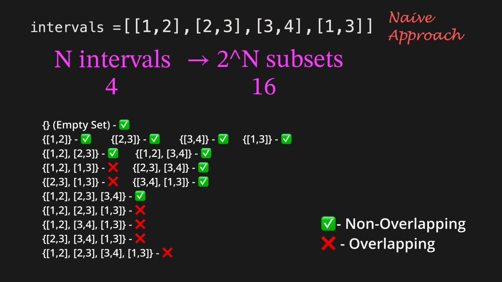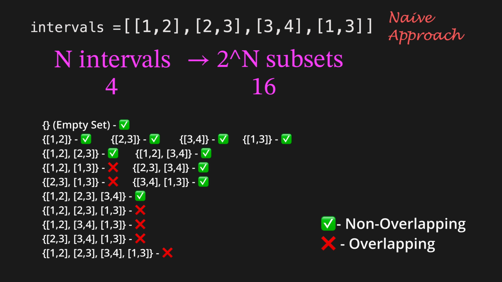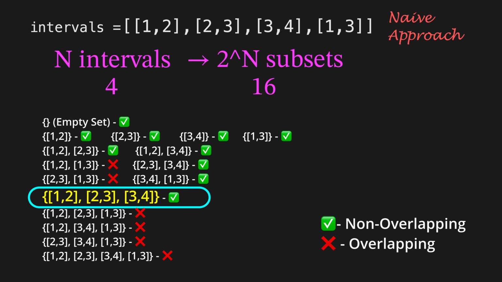From these, we need to find the largest subset where intervals don't overlap, and checking if a single subset is non-overlapping or not is exactly what we did in the Meeting Rooms 1 problem, where we were checking can a person attend all these meetings. And here that largest subset is the following, which has size m equal to 3. Since we want to minimize removals, we simply subtract this maximum size m from the total number of intervals n, which here is 4 minus 3, equal to 1 removal.